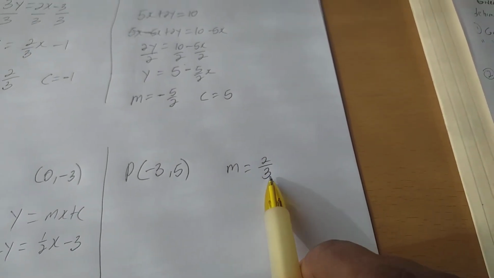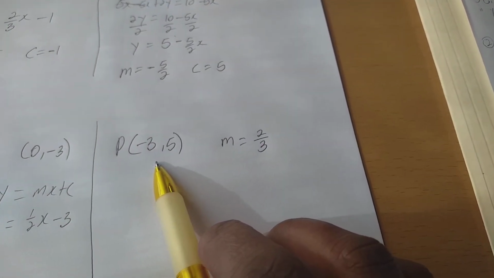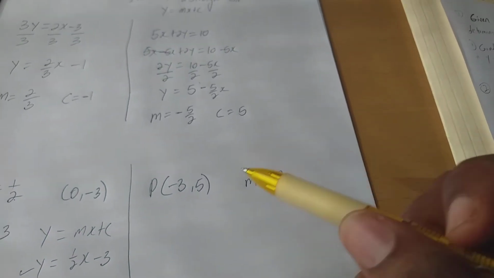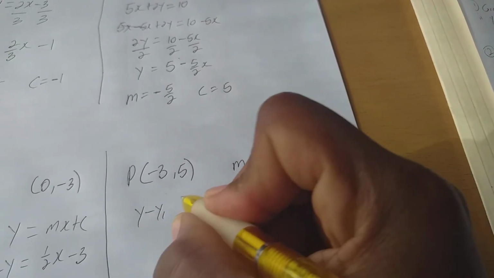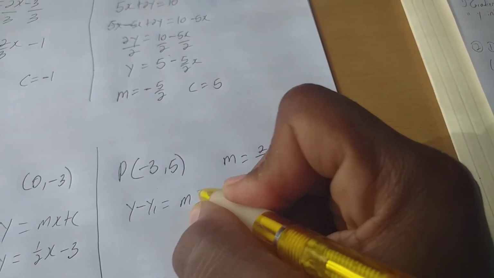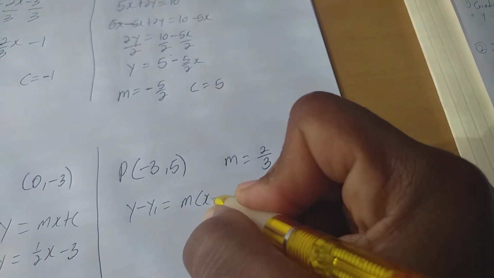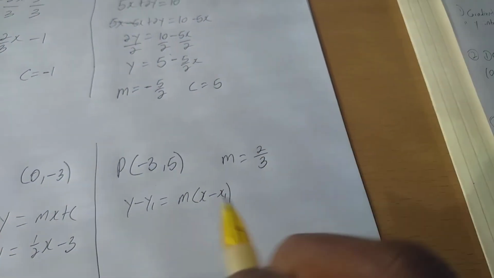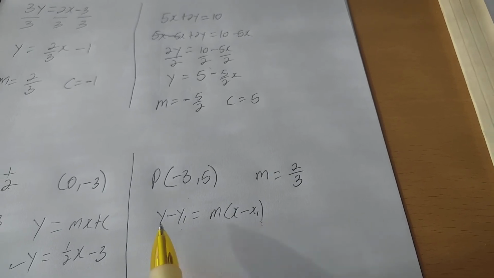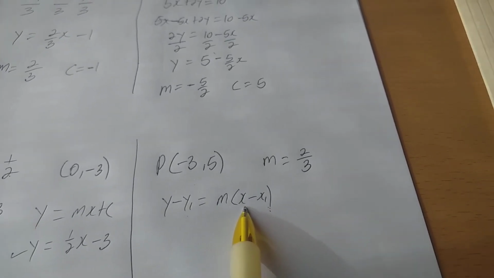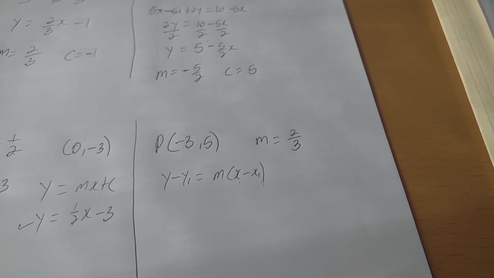Now when we're given the gradient and a point on the line, and we want to determine the equation, we are going to utilize what we call y minus y1 is equal to m into x minus x1. Now y1 and x1, these are the coordinates of the point, while y and x, these are variables. They remain as variables.